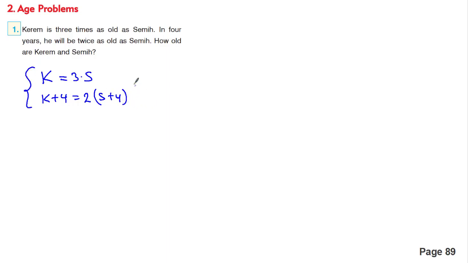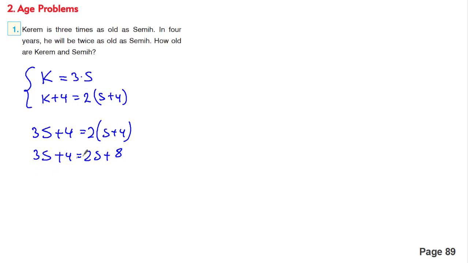And this is again a system. We use the substitution method in this case. It's better to use the substitution method. So instead of K here, we can substitute 3S. So you get 3S plus 4 is 2 times S plus 4. So 3S plus 4 is 2S plus 8.